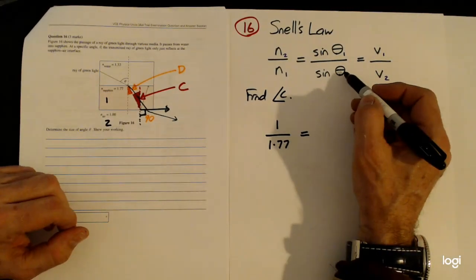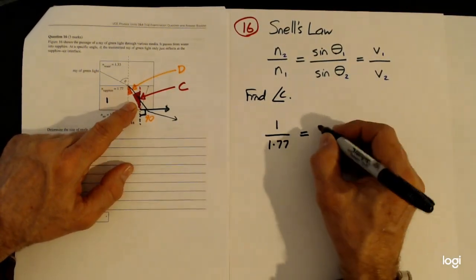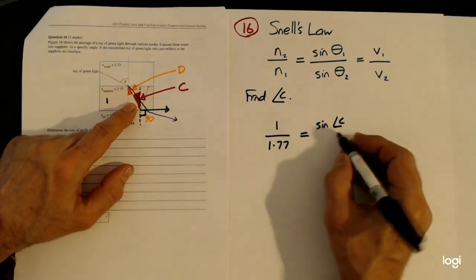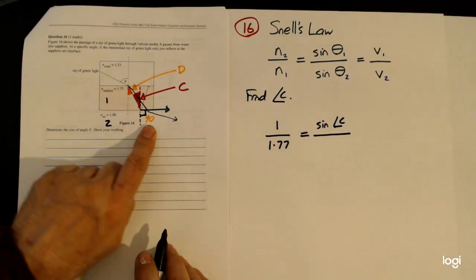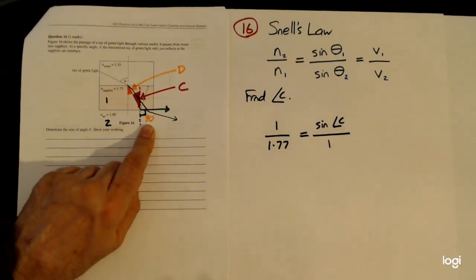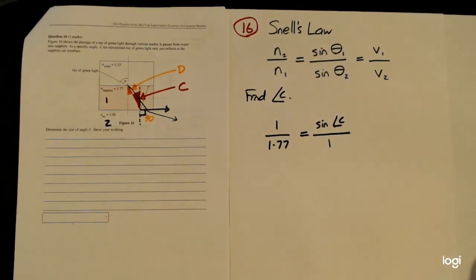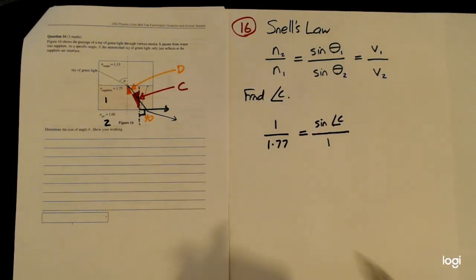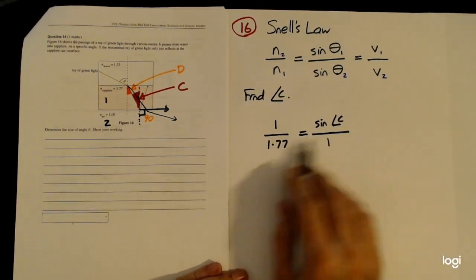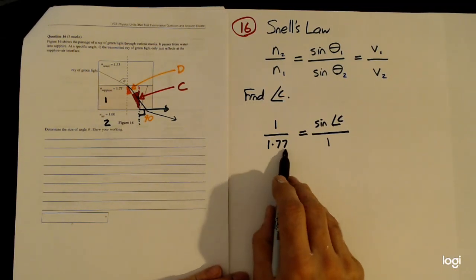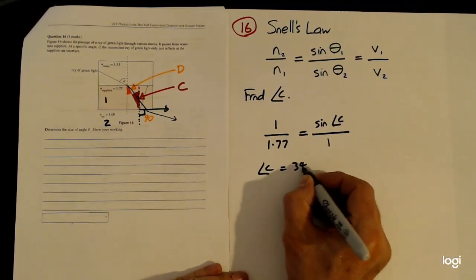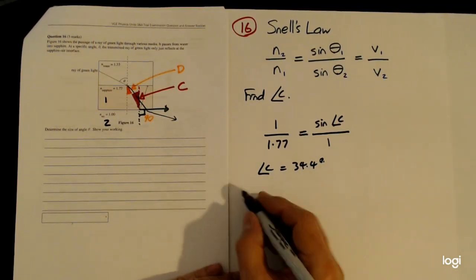Sine of theta 1 is what we're trying to find, right? Sine of angle C, in this case, divided by the sine of 90, and the sine of 90 equals 1. Solve that for sine C, go 1 divided by 1.77, inverse sine, and you get that angle C is 34.4 degrees. Okay, first part done.